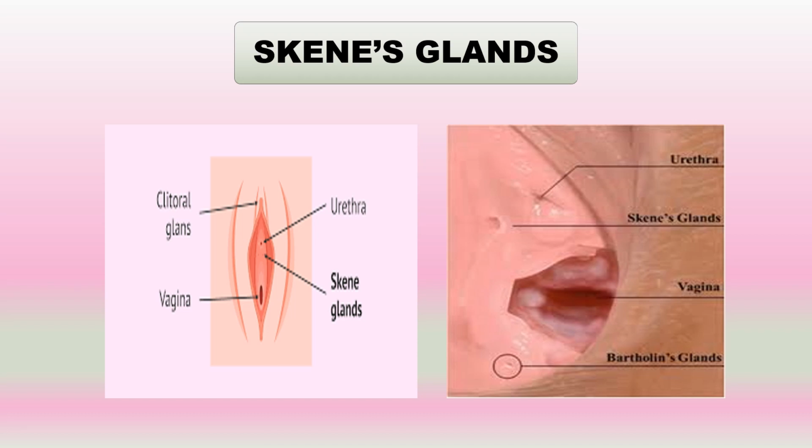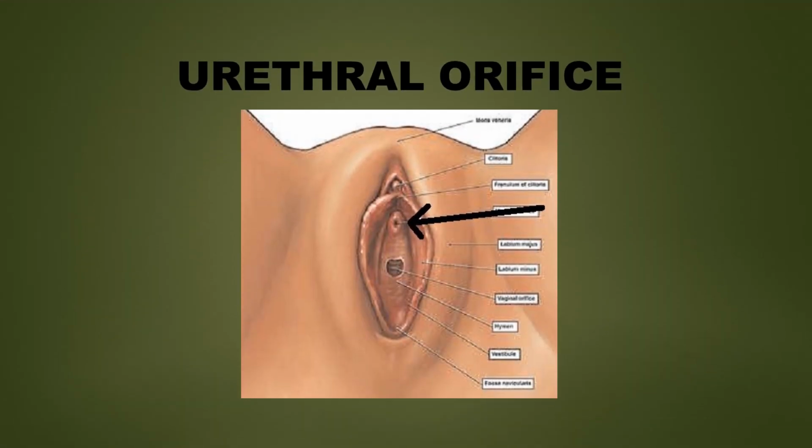The function of the SKENE'S gland is not fully understood. There are lots of controversies surrounding it, but it's believed to be the source of female ejaculation during sexual arousal. As to whether it is true or not, we shall take it like that. From other books or schools of thought, they say it is responsible for female ejaculation.